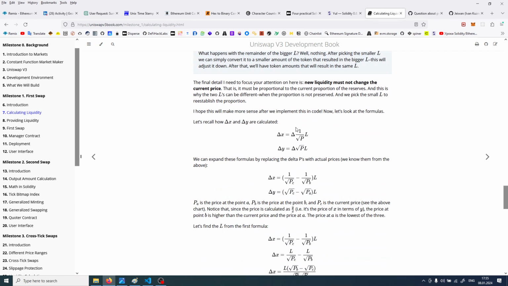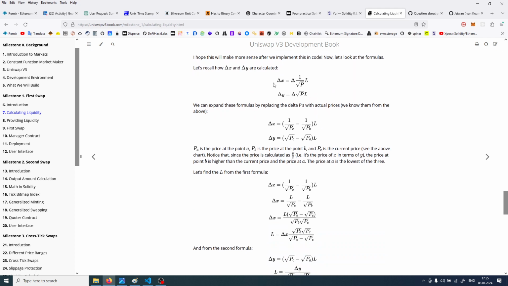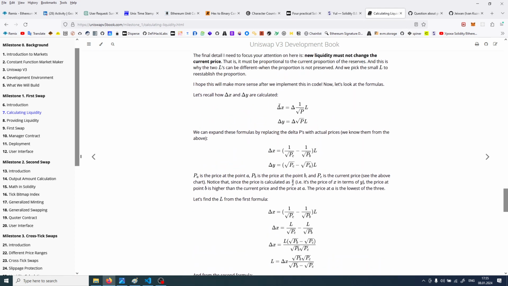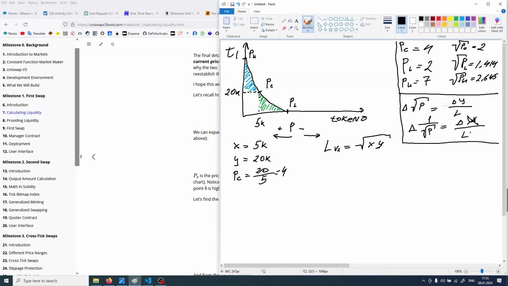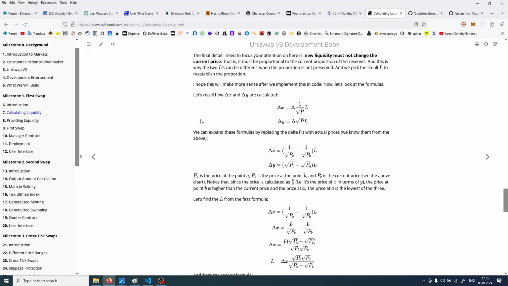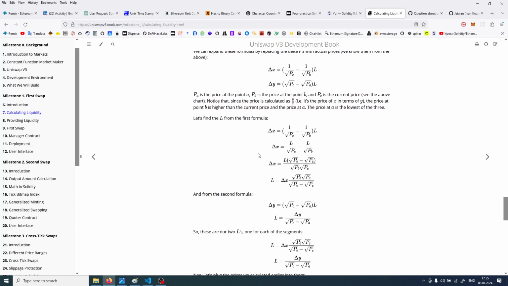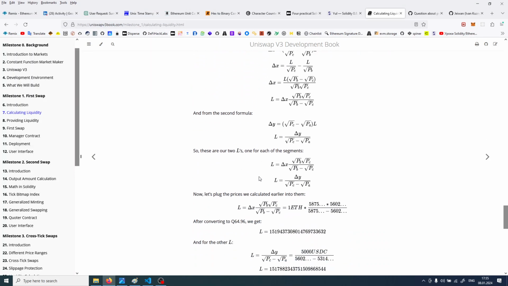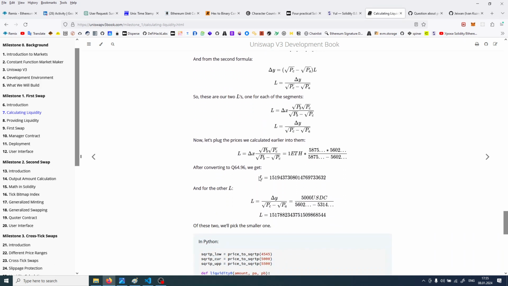We can see these formulas for delta x, delta y. Here you go, and the final formula for calculating liquidity is here.